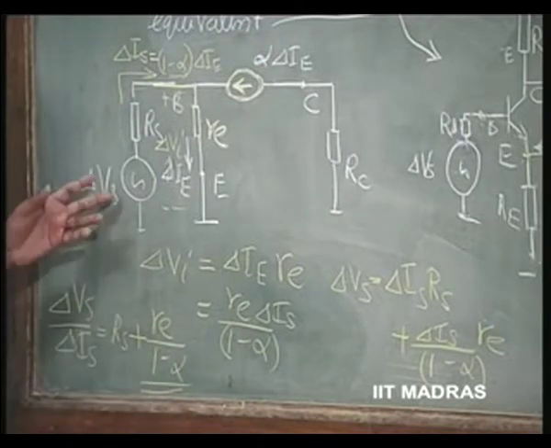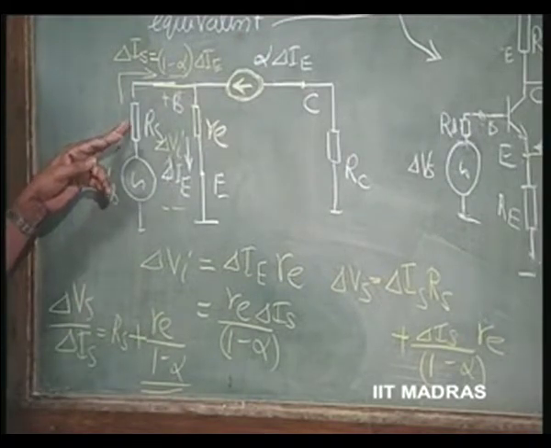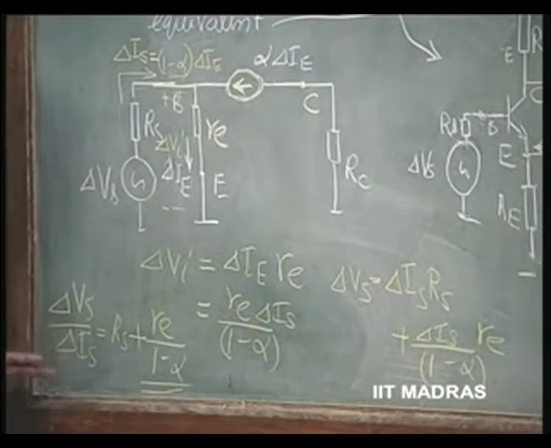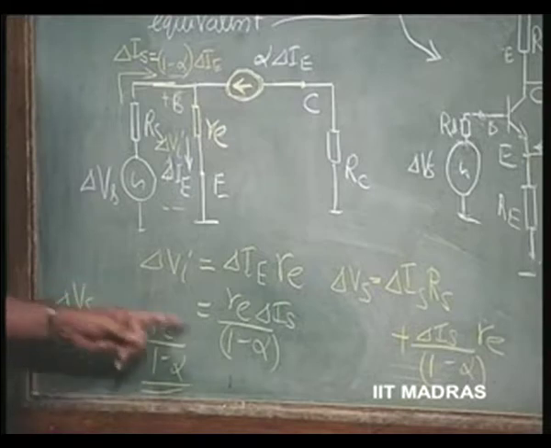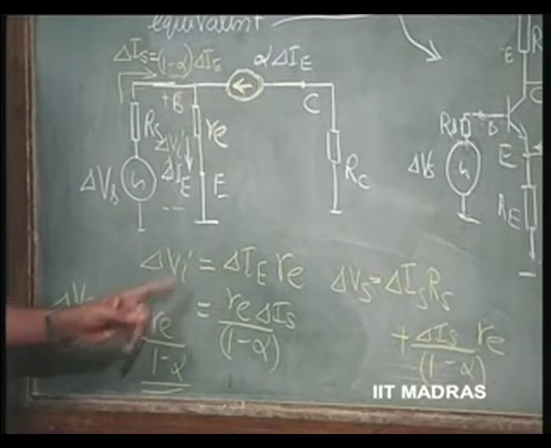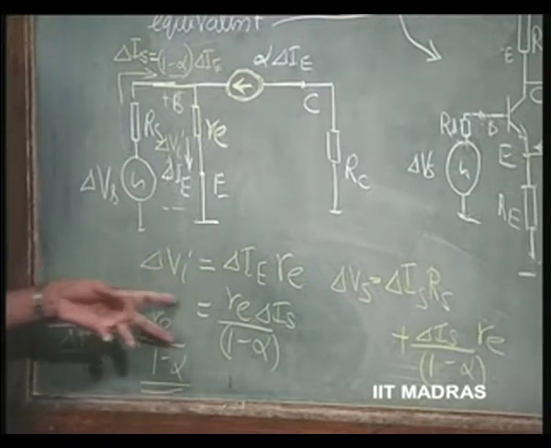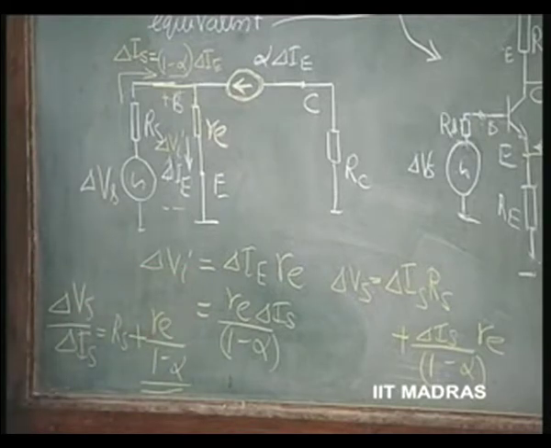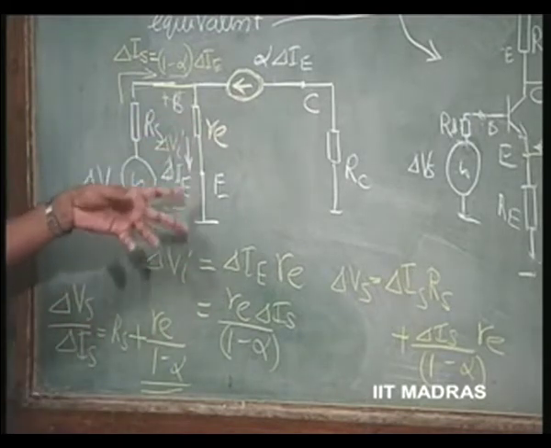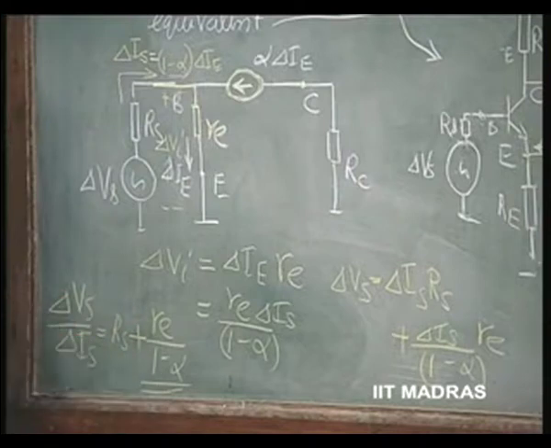So, when I connect a source with a source resistance of Rs, the current that flows from that source is determined by an impedance which is Rs plus Re by 1 minus alpha. So, what this amplifier is going to offer as impedance is Re by 1 minus alpha.